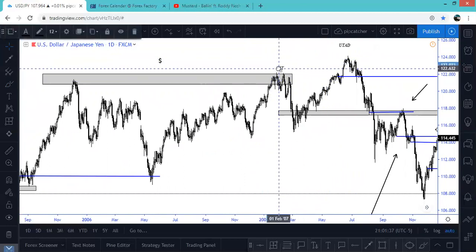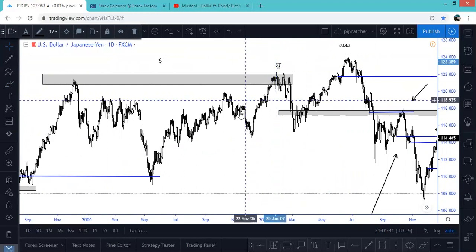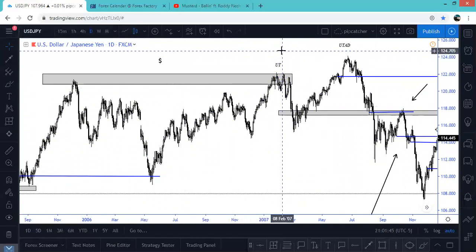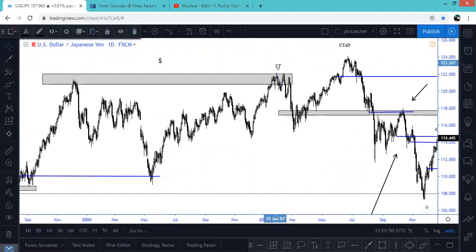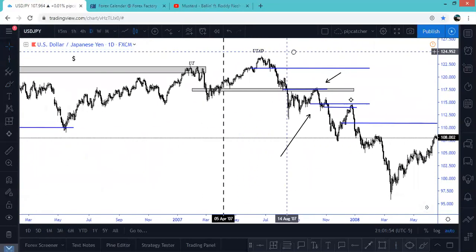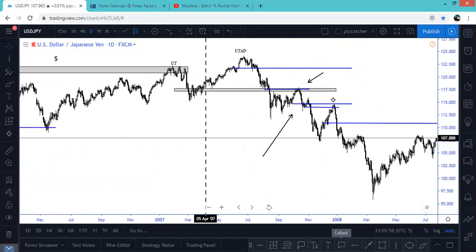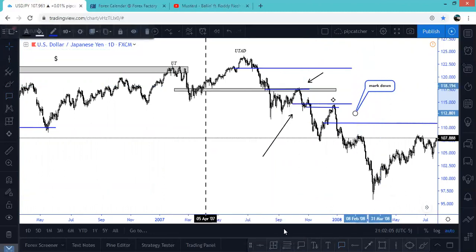You have this upthrust in phase B, and then you get to phase C, you have this UTAD, this upthrust after distribution, and then a beautiful markdown right in here.